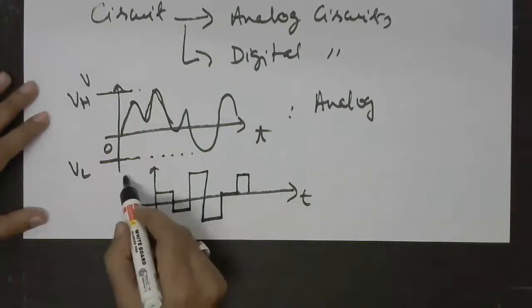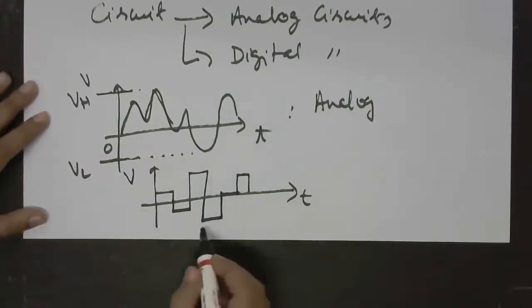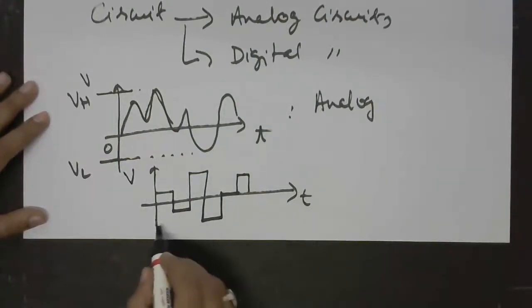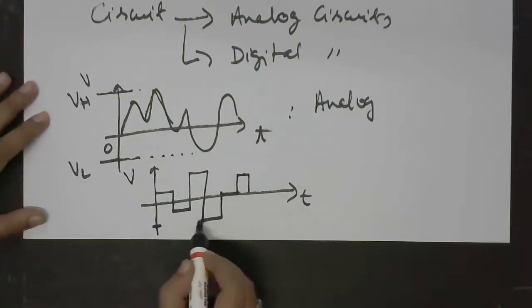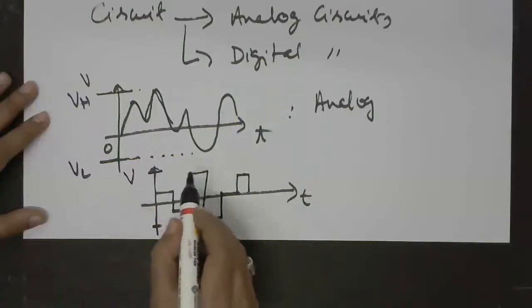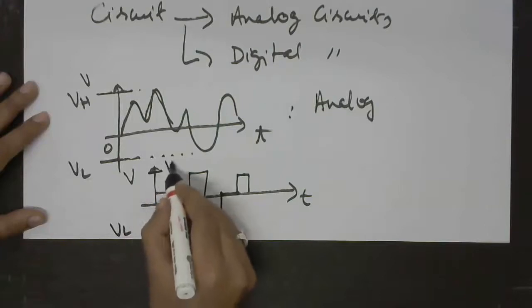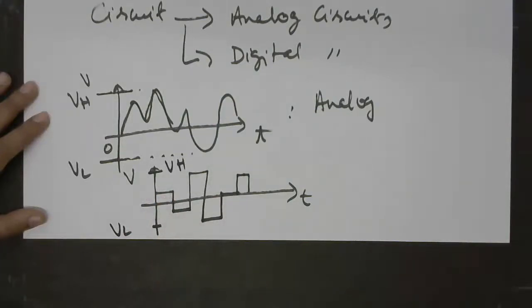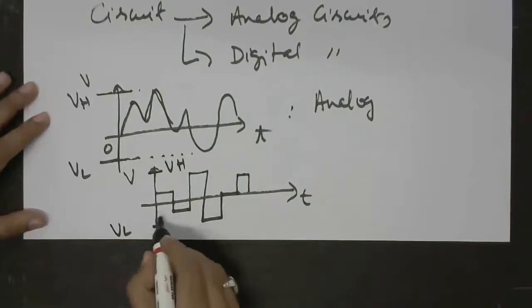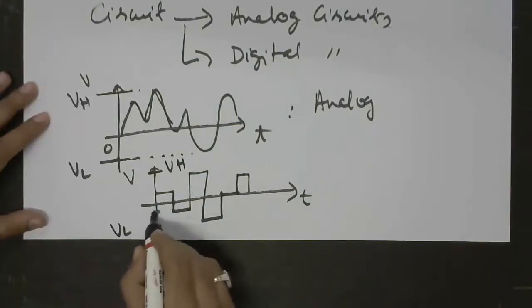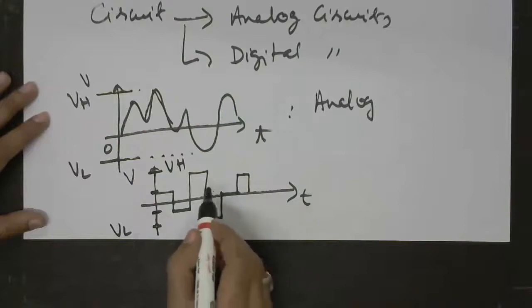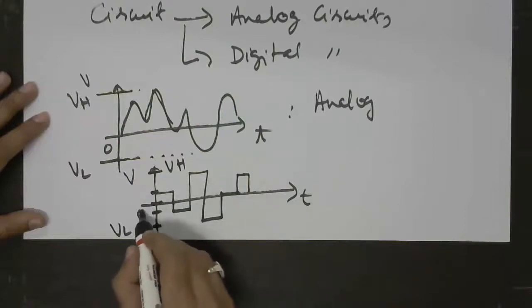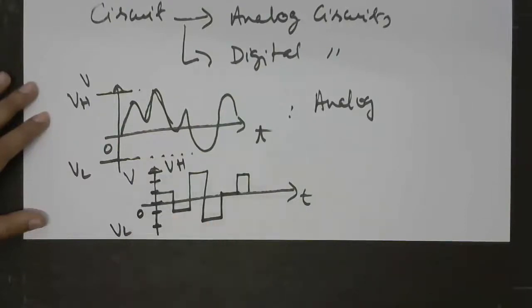Here we can see that the lowest value is here and the maximum value is here, VL, VH, but over this range, the signal has a value of either this lower one or this one or this one, and this 0 of course, and then this.